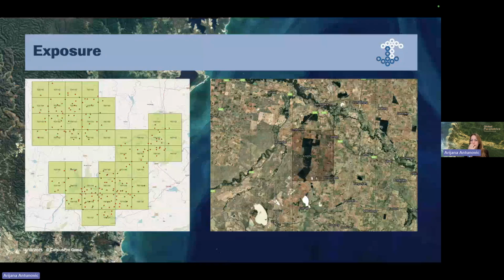So I spoke a little bit about exposure, but we can look either at the single client locations, for example, a single farm, which would represent the grid cell that the client has the farm in.